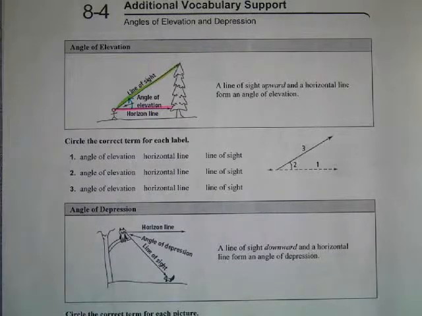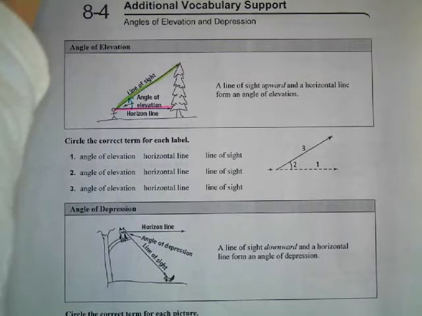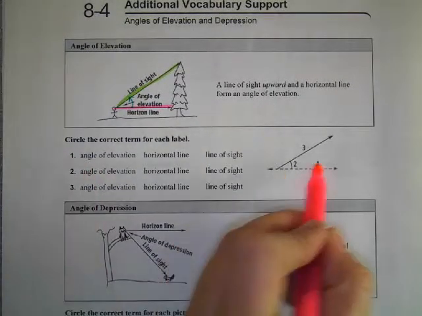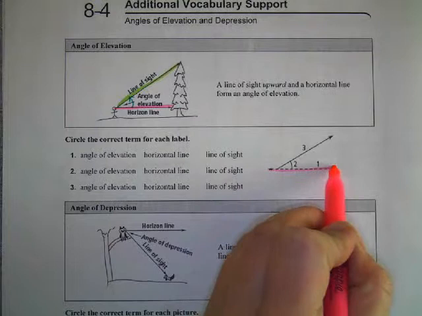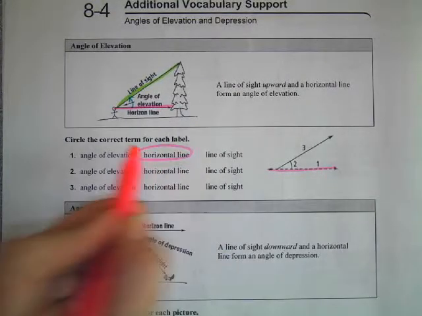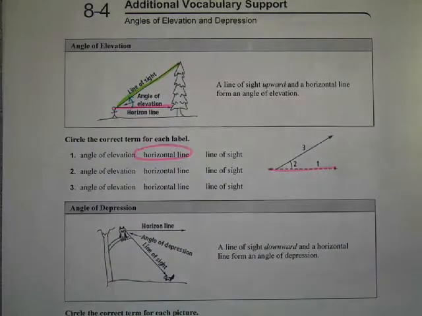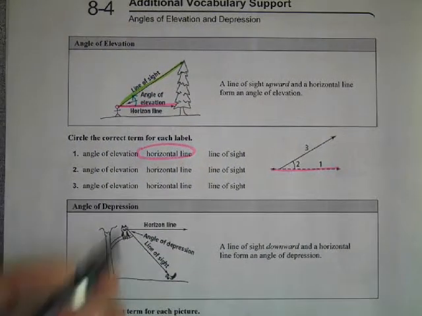angle of elevation. So when you're looking at an angle, number one, this is my horizontal line. Number 2 is an angle, that's my angle of elevation.